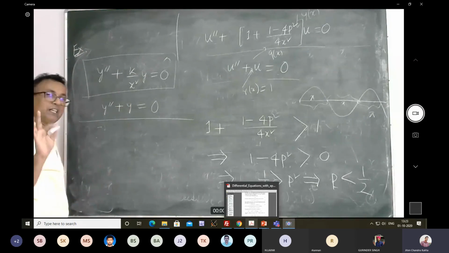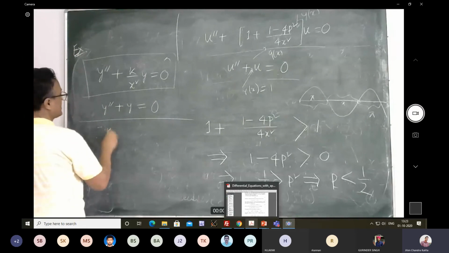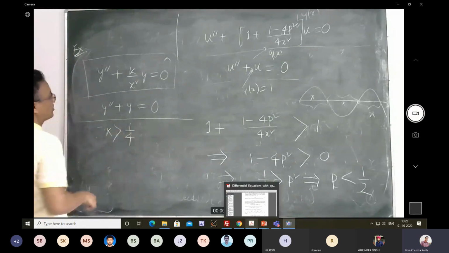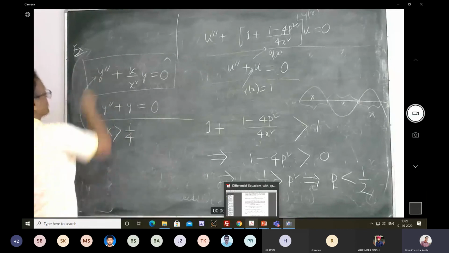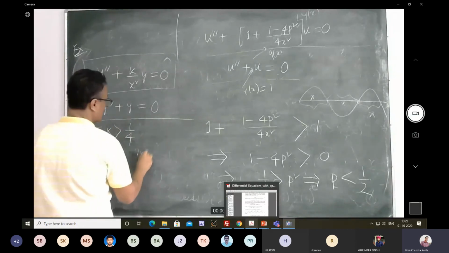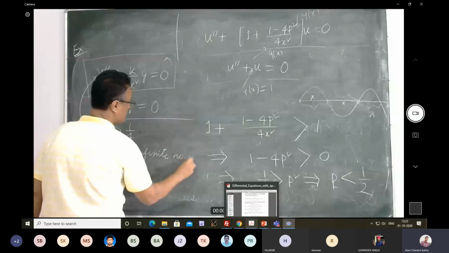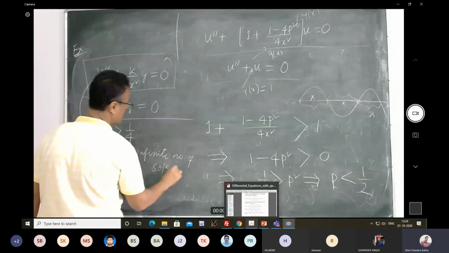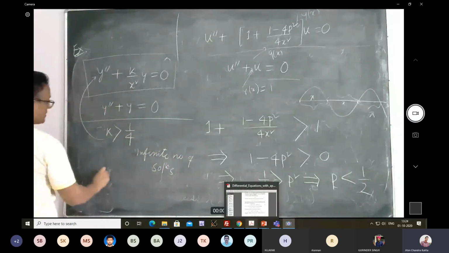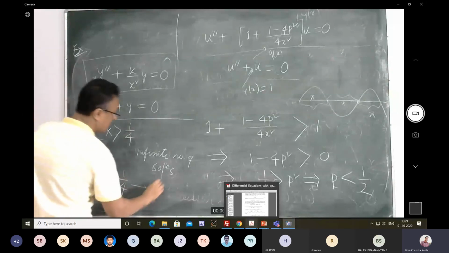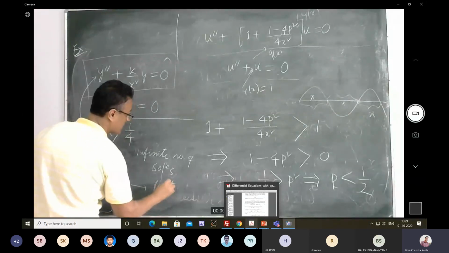Whatever earlier conclusion we arrived at: for k strictly greater than 1/4, this equation has infinite number of solutions, and for k less than that, it has finite number of solutions.